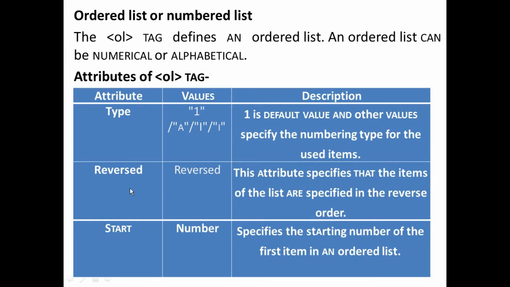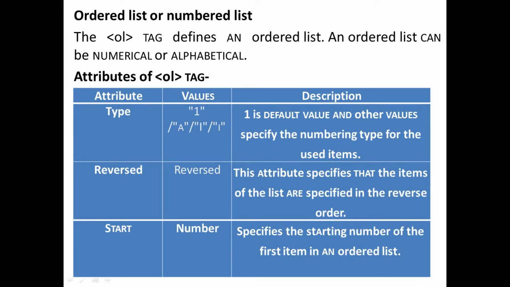Next is reversed. The reversed attribute specifies that the items of the list are in reverse order. Start takes a number as value and specifies the starting number of the first item in the ordered list.